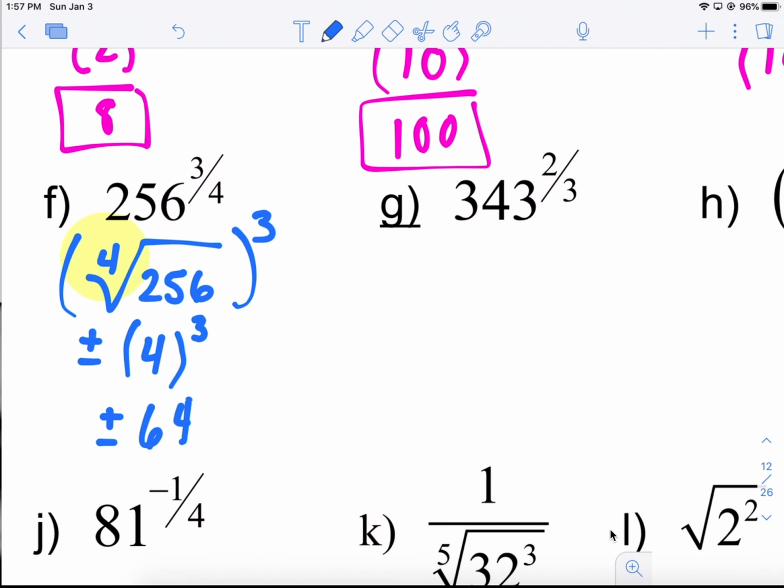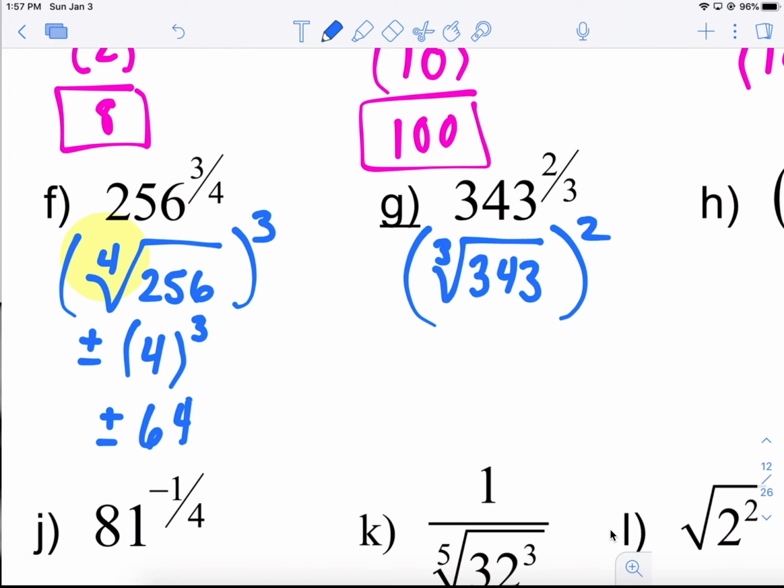So G, again with 343, that's not a number you may recognize. But I definitely know that making it smaller before making it bigger would make my life easier. So I'm going to do the cube root of 343, then square it. It's smaller than 1,000 that we've looked at, but it's bigger than 256.